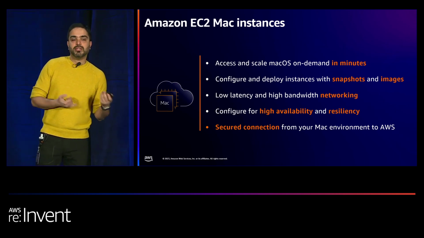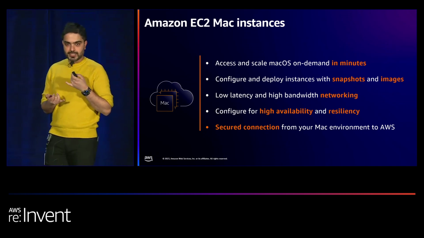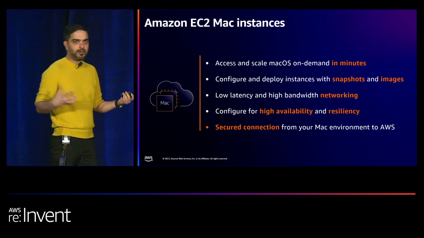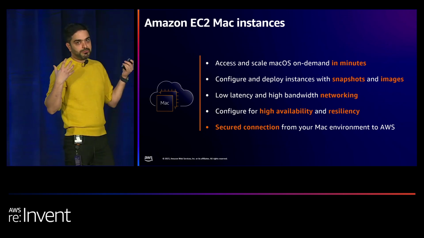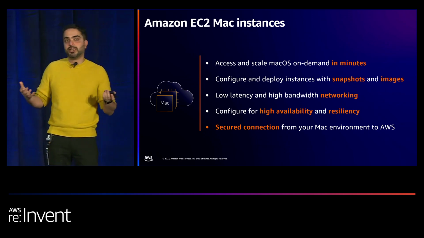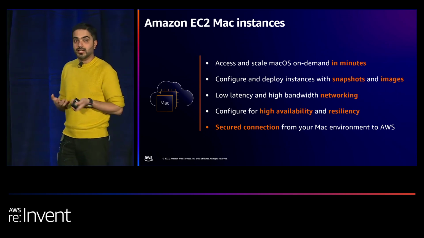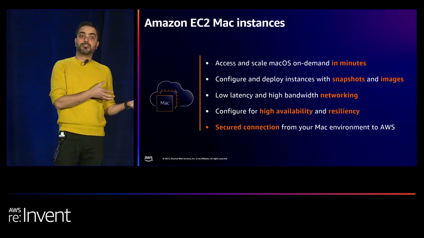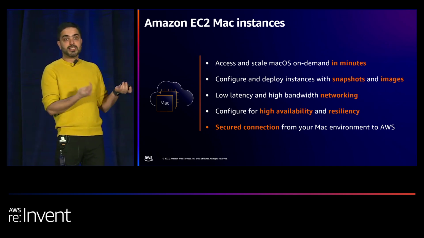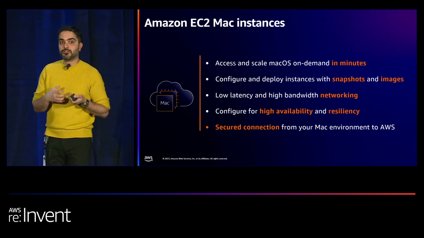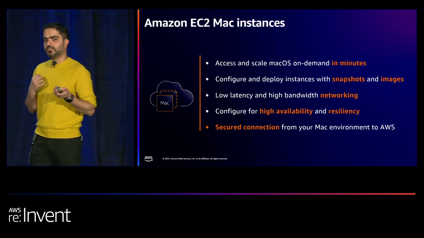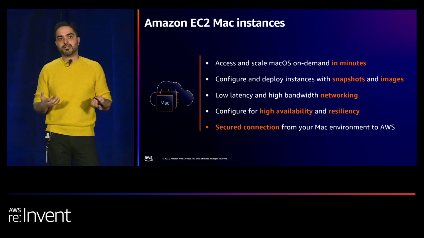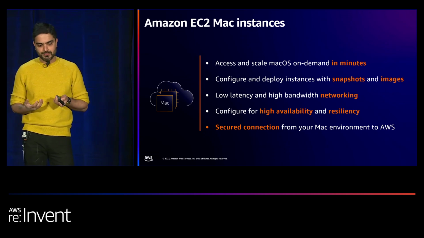So any capability and features, for example the subnets or the security groups, the firewall rules, what you as a customer have set up today to run any of your EC2 workloads, you can run your EC2 Mac instances within the same VPC, and you don't have to ask yourself the question whether this specific VPC feature or this specific security configuration would work with EC2 Mac or not? In almost all of the cases, it will work exactly as you expect it to.